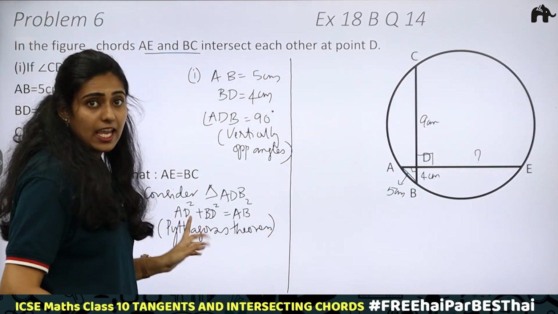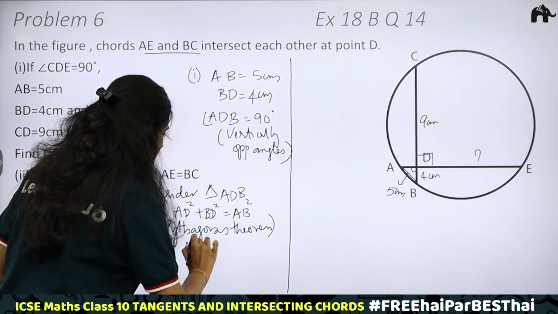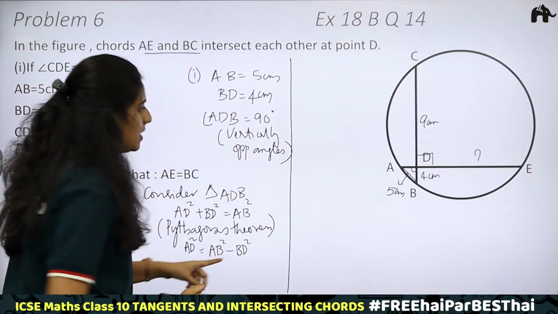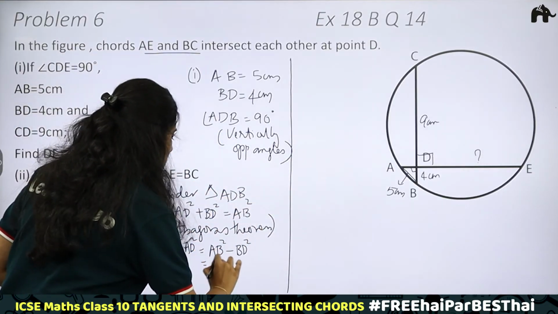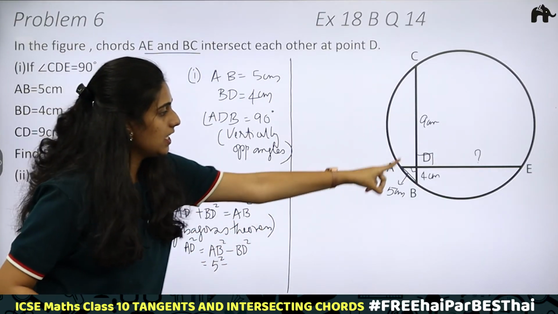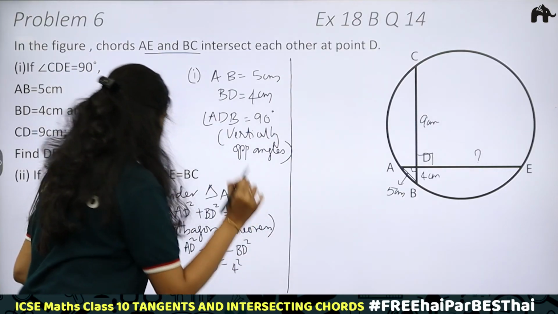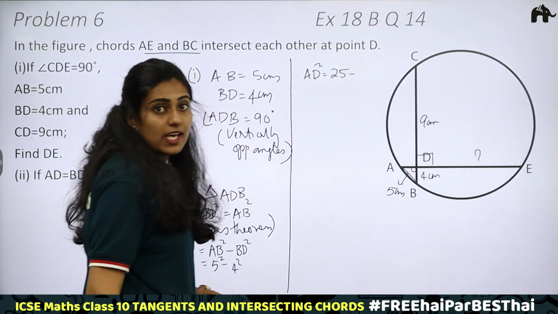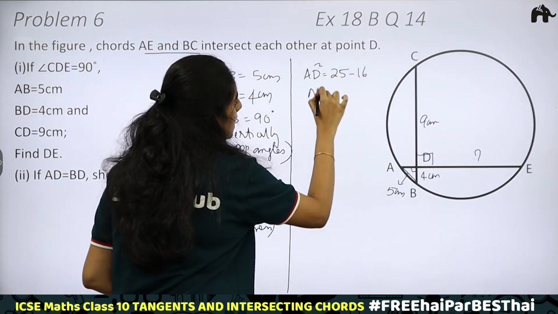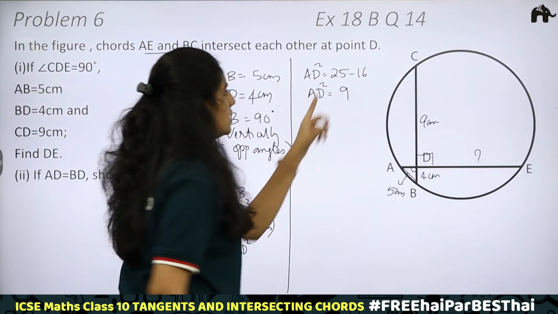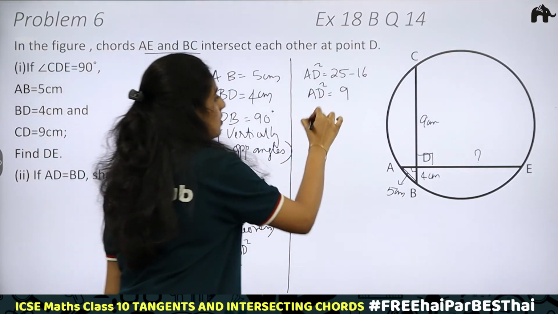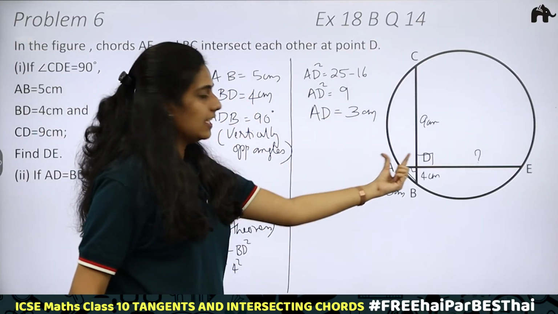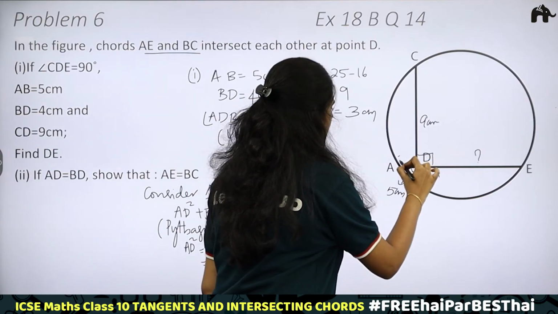AD square will be equal to AB square minus BD square, which is 5 square minus 4 square. AD square is equal to 25 minus 16, we get 9. Then AD will be equal to 3 centimeter.